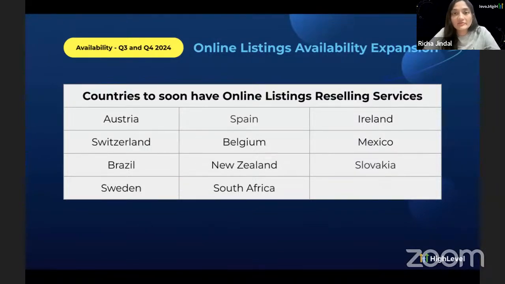If you have any more suggestions or any more requests of any country that you might want us to expand to, you can put that on the ideas board or on the Facebook page, and if we see a good user base there, we would be happy to expand. So these are the countries that we have shortlisted for now based on requests. And this would not happen entirely in Q3. It would be split across the next 2 quarters.